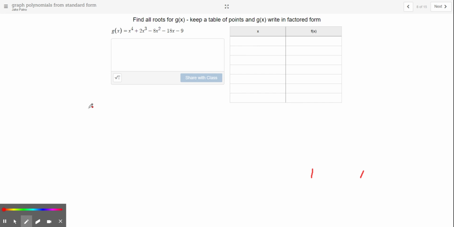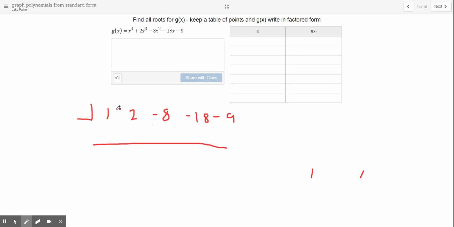I'm going to set up my synthetic division: 1, 2, -8, -18, -9. If I start with 1, bring down the 1. 2 plus 1 is 3. 3 plus -8 is -5. -5 plus -18 is -23.